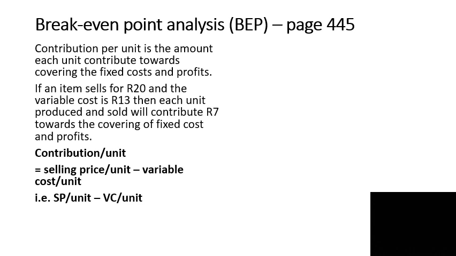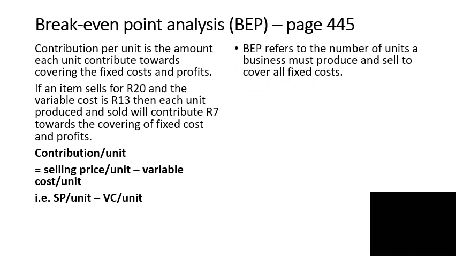Then variable cost per unit, from our previous lesson, you have noticed that it is our direct material cost plus direct labor cost plus selling and distribution, all divided by total units produced. Then this will give us our variable cost per unit. So selling price per unit minus variable cost per unit will give us our contribution per unit.